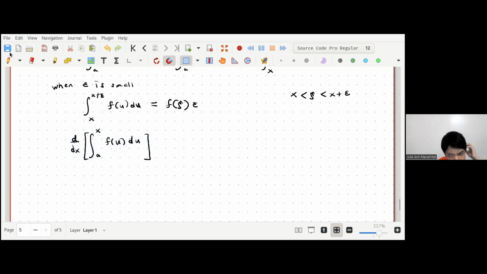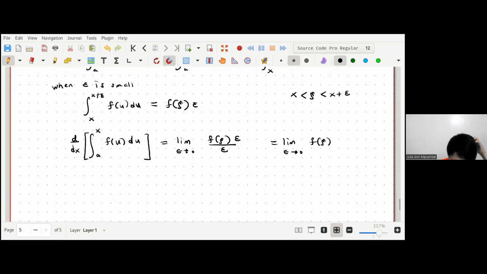So, this can now be written as limit as epsilon goes to 0 of the expression over epsilon, or limit as epsilon goes to 0 of f of this variable. Kaya lang, since this is supposed to be between x and x plus epsilon, if we take the limit as epsilon goes to 0, nasi-squeeze yung variable na to.